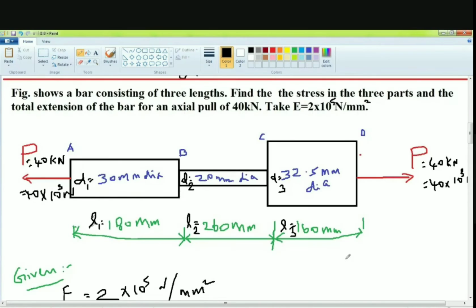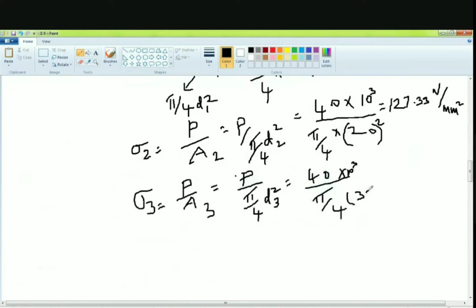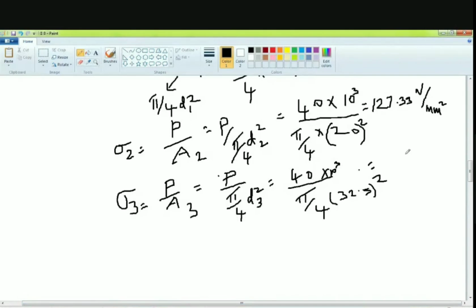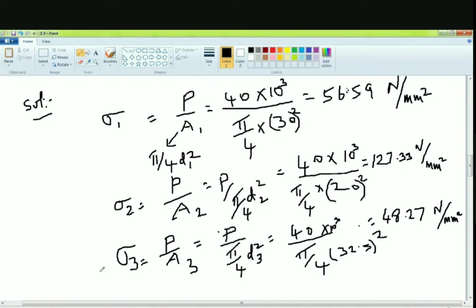What is the value of D3? 32.5 squared. What is the value? 48.2173. I can write like this, 48.27? Okay. Fine. Good. All are correct answers, everything correct.